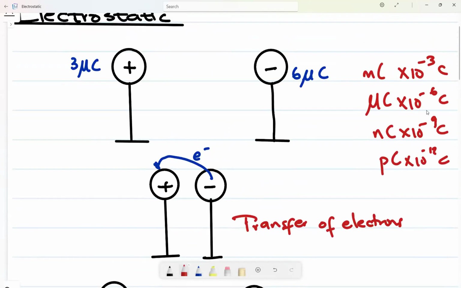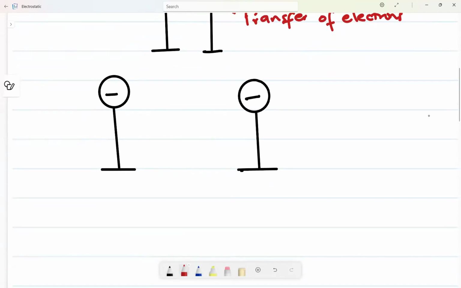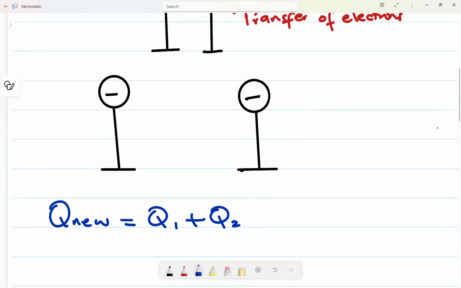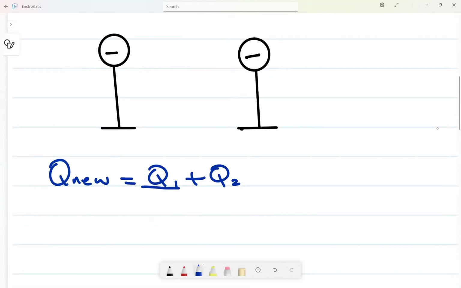But we should be in a position of saying, let us now calculate the new charge that they both have, the new charge that they both experience. So how are we going to do that? We calculate the new charge on them as Q1 plus Q2, divided by 2.